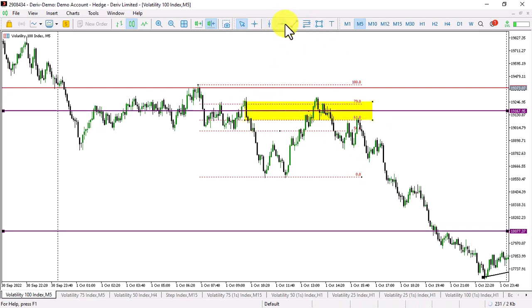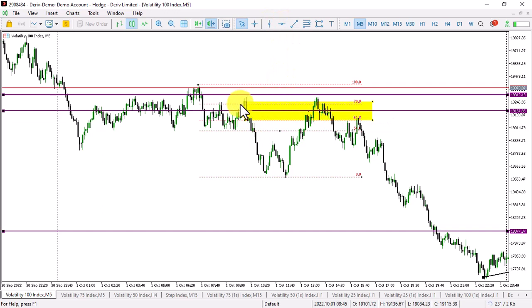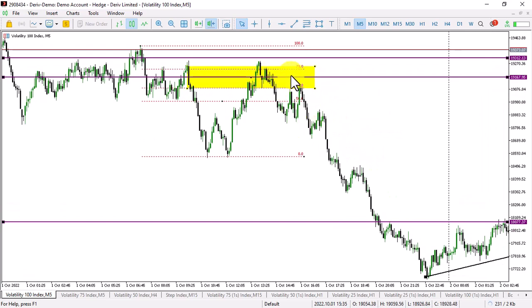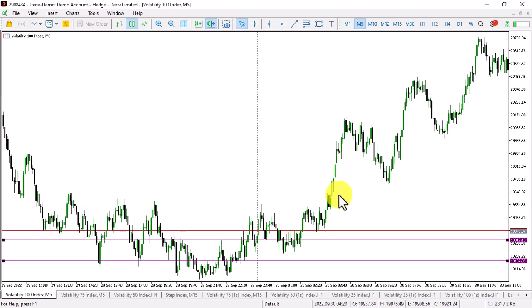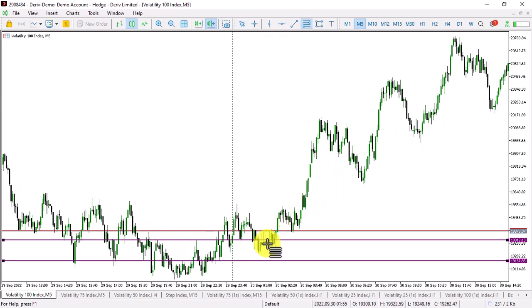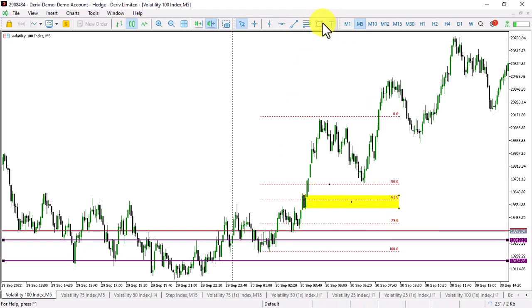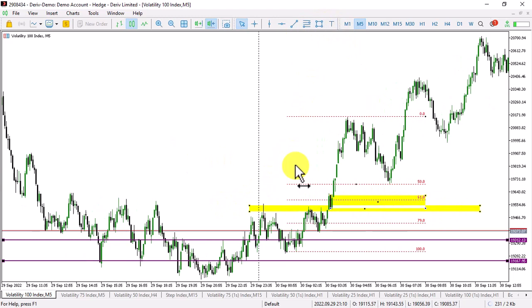If you put your stop loss above the structure, you could have stayed in this trade, or you could have entered on the 61.8 and you could have been taken out on the 79 area. So it's up to you to decide how you are going to trade. And as you can see, 61.8, 79, and we have an order block here and a flip zone. This is what you are waiting for.